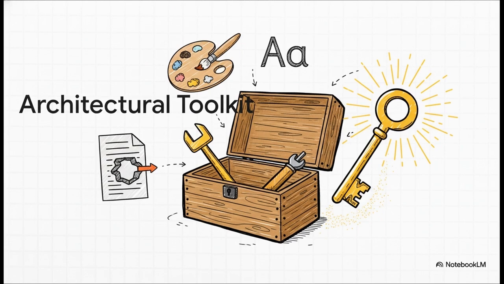Okay, here's your architectural toolkit. And let me be really clear about this. Styles are the single most important tool on this list, period. The disciplined use of styles is what separates a fragile amateur document from a rock-solid professional one. It automates everything and makes your document a breeze to navigate.